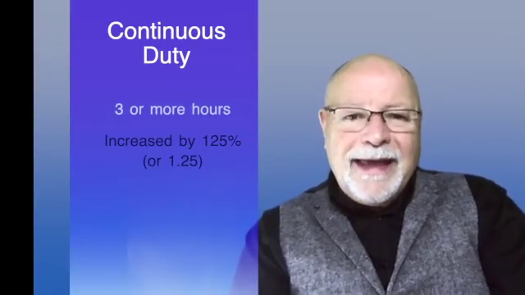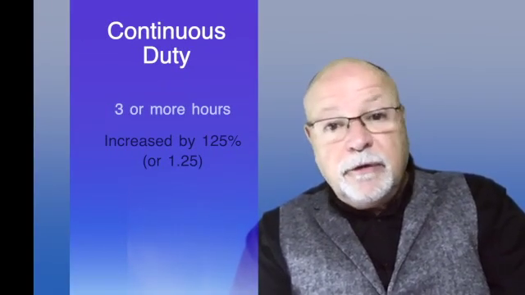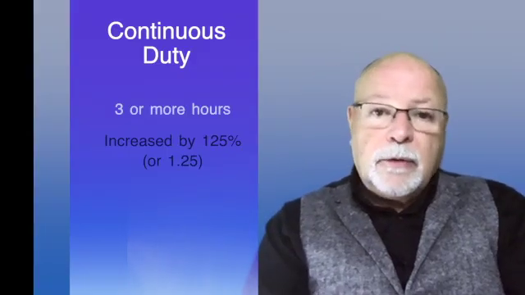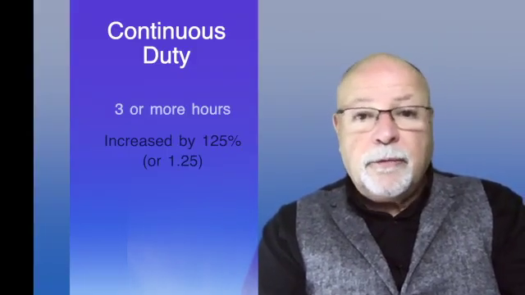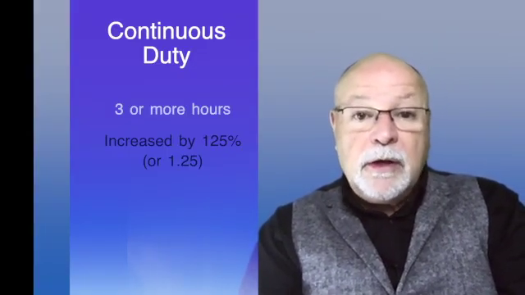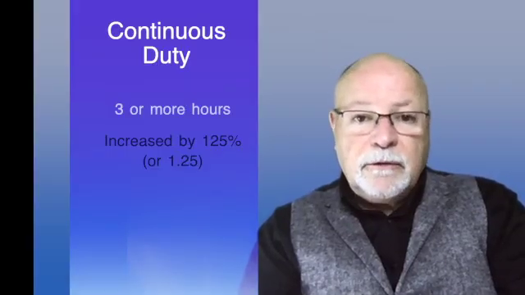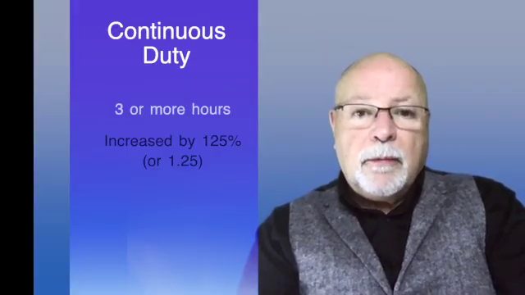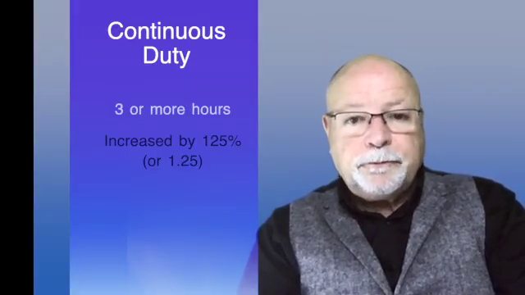So that is, in definition, our description of continuous duty. If it's going to run 3 hours or more, we're going to increase the size of that requirement by 125%.